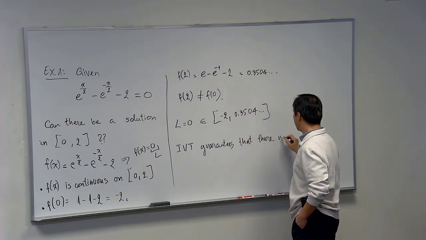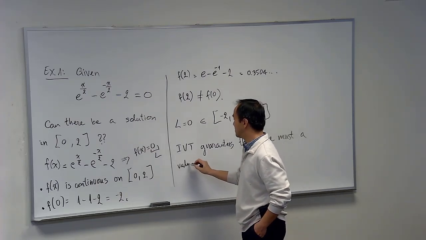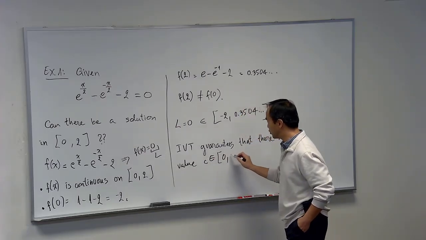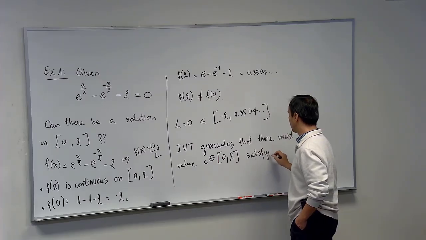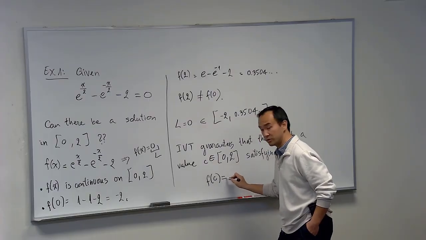there must be a value C inside the interval from 0 to 2 satisfying f of c equals 0.